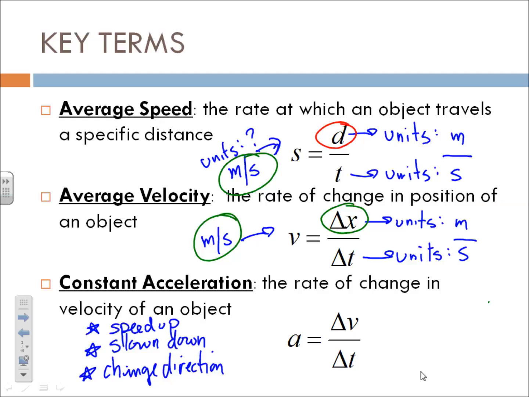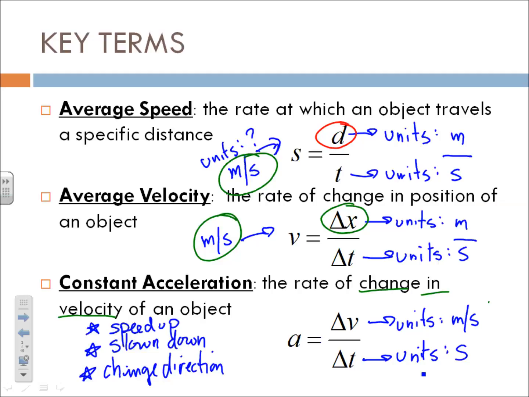So A is going to stand for acceleration. Delta V is going to be our change in velocity, all right? We see that right here in our definition. And delta t is still going to be our time interval. So we're going to change our velocity in a specific period of time. So if I look at the units, all right, we have meters per second for velocity. We have seconds for time.